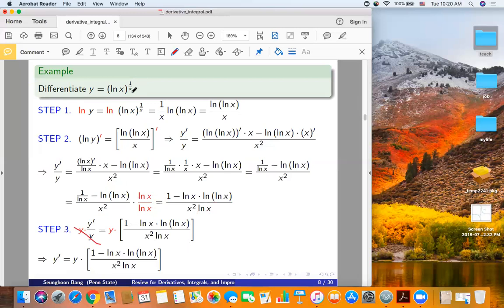You can plug back y equals (ln of x) to the 1 over x into here. So we have this one. Okay, this is our idea.